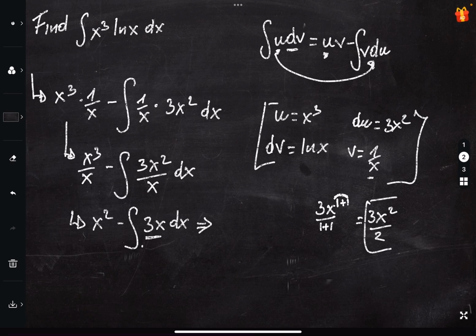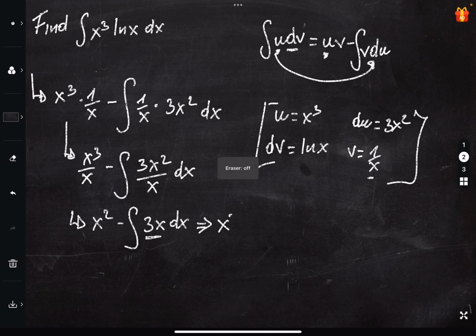I'm going to write it down here: x squared minus 3x squared over 2.